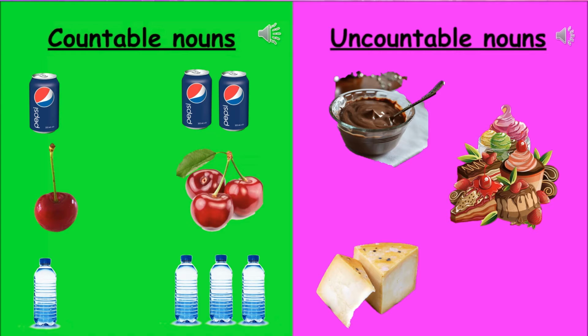Like this. 1 can, 2 cans. 1 cherry, 2, 3 cherries. 1 bottle of water, 2, 3 bottles of water. Uncountable nouns are things that we can't count, like pudding, cake, cheese, or butter.